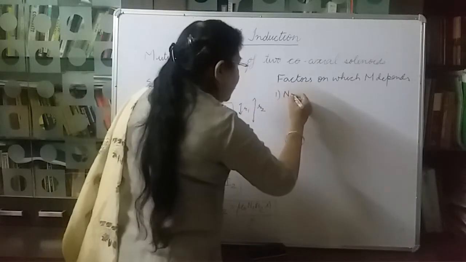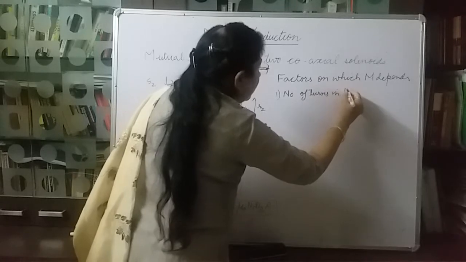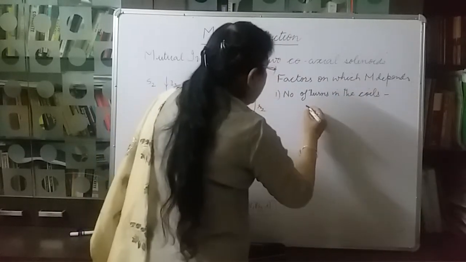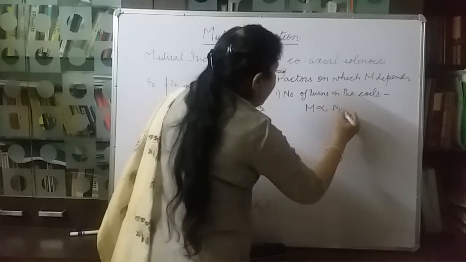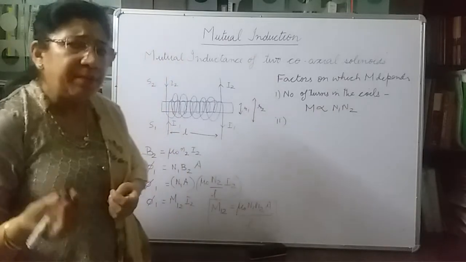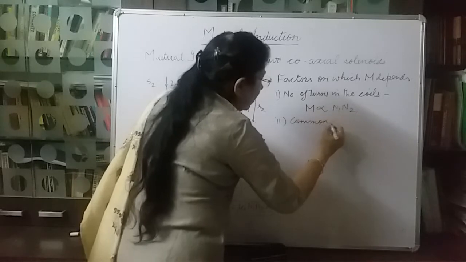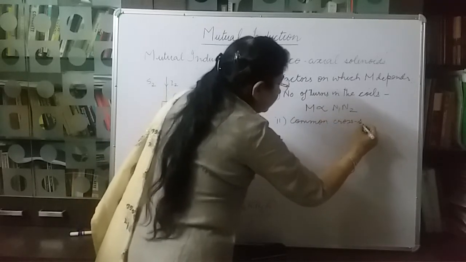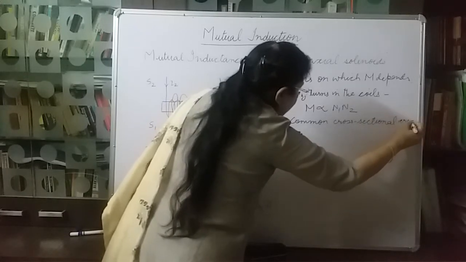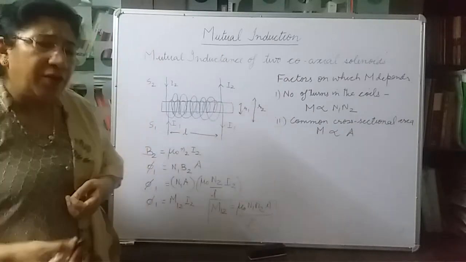So the first factor is the number of turns in the two solenoids, or in the coils, we can say. So mutual inductance is directly proportional to the number of turns. The second factor it depends on is the common cross-sectional area. M is directly proportional to the common area of cross section.